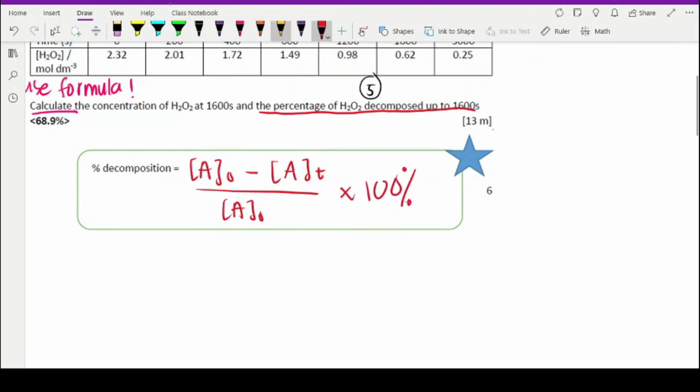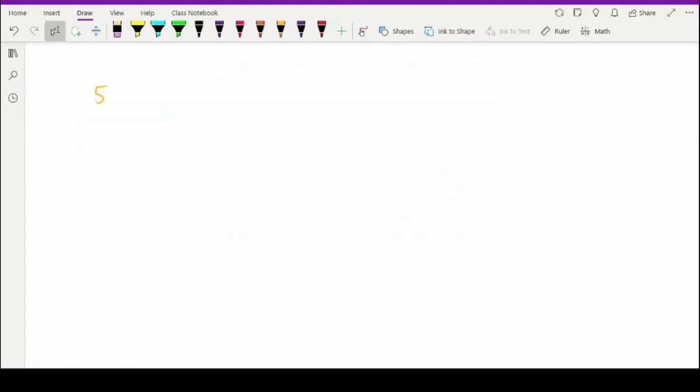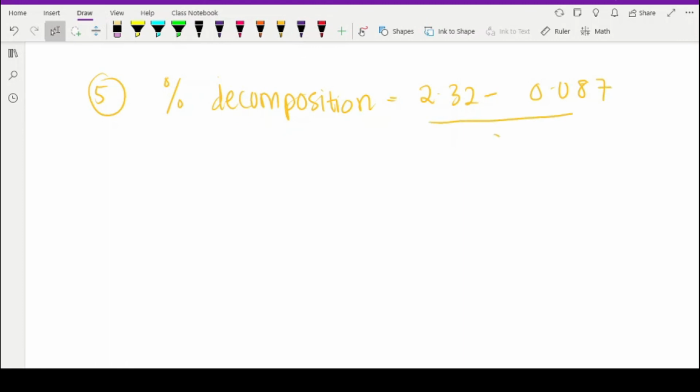This is just a basic calculation: 2.32, and your At, which you just calculated before this, 0.087. So the percentage decomposition would be A naught 2.32 minus At 0.087 divided by A naught 2.32 times 100%.